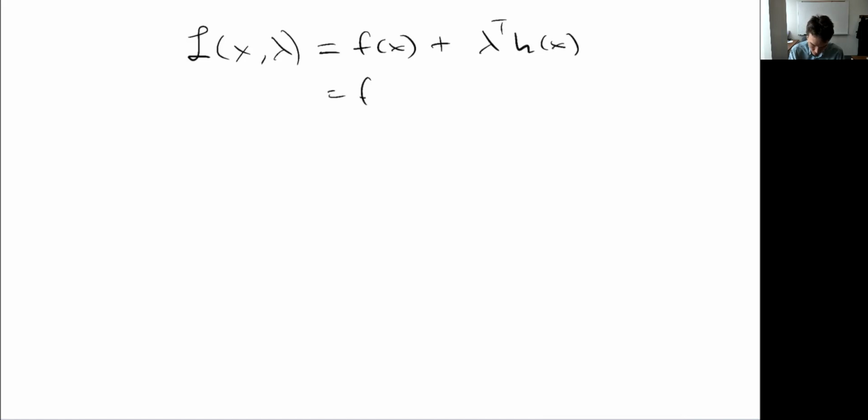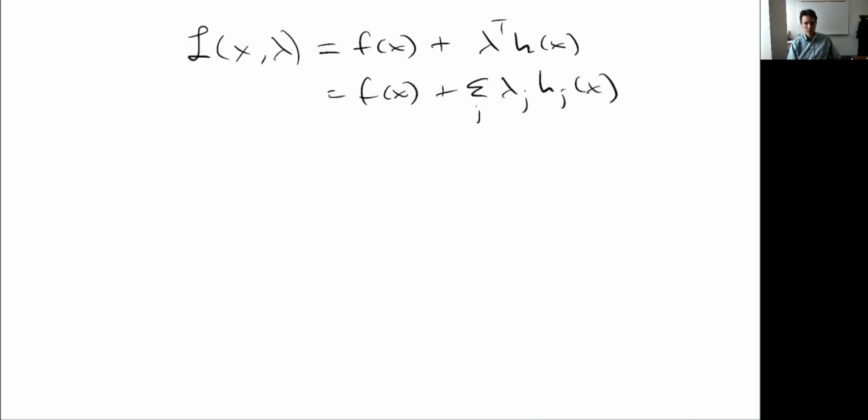Okay, so let's get back to that Lagrangian. Just kind of recap here again. This is what we call the Lagrangian. It's the objective. I'm going to write it another way. I'm just writing it here as a dot product, or we could write it explicitly as a sum, right? It's the same thing. Lambda j times hj, whichever way you're more comfortable with.